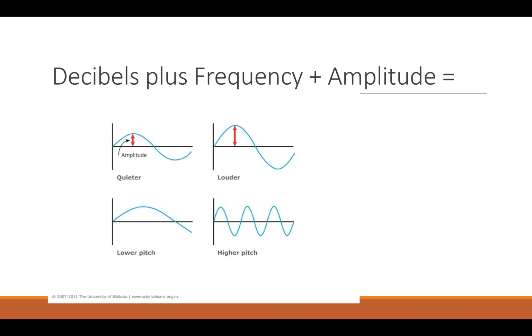So let's put it all together here. A higher pitched sound will have more frequent curves. A lower pitched sound will have lower, shallower curves.